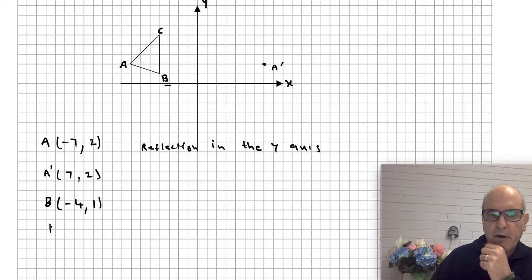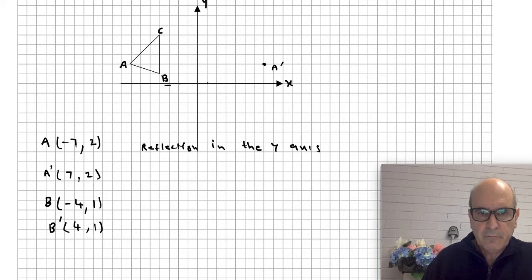So if I want to find its reflection of B, x is going to change from negative to positive, and y stays the same. So 4 and 1. So I go 4 to the right, 1, 2, 3, 4, and 1. That gives me B dash.